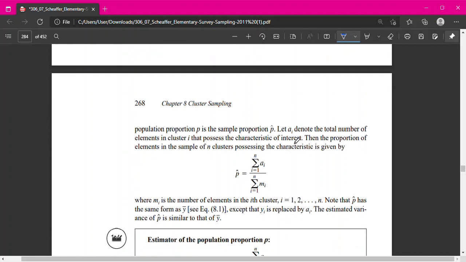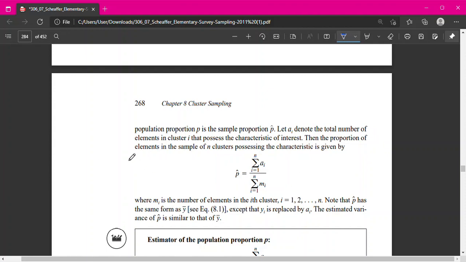Let's say M i denotes the total number of elements in cluster i. Now we deal with the cluster sampling technique, where we divide the population into small groups called clusters. The total number of elements in the cluster that possess the characteristic of interest is denoted as a i, which is the total number of successes.